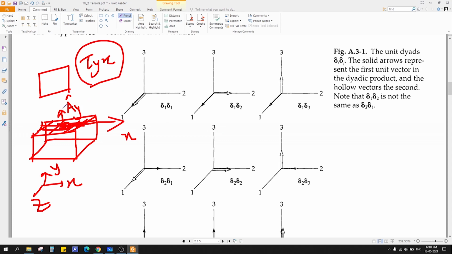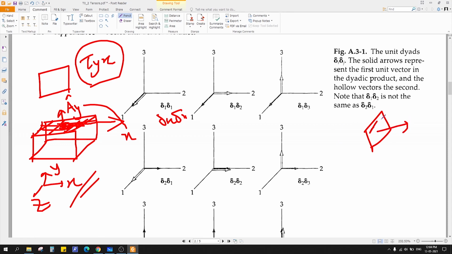So that's why we need two directions in a tensor, right? Delta 1 delta 1 means both are pointing in the same direction. How? Delta 1 means it is delta x, right? So what is the surface here? If you follow this coordinate system, we have the x direction here, right?